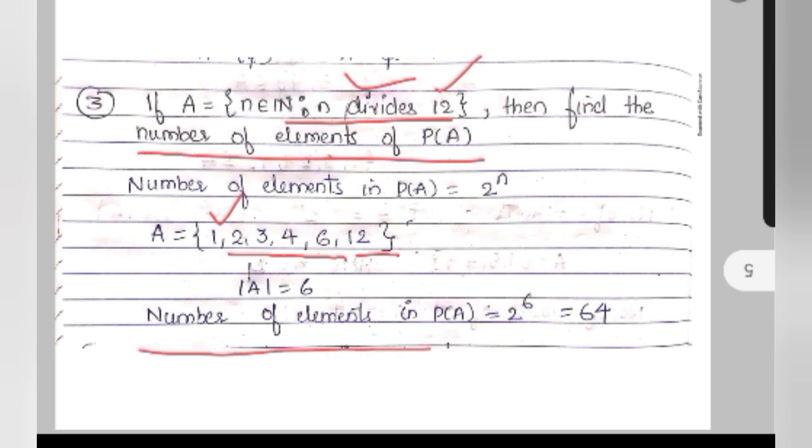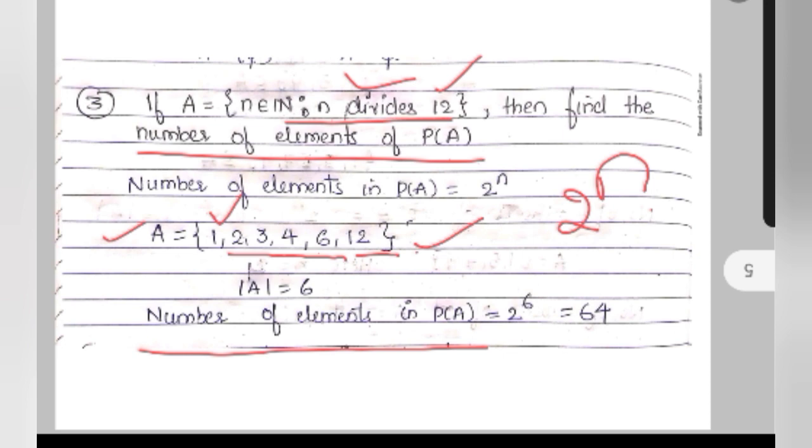The number of elements in the power set of A is given by the formula 2 raised to power n, where n is the number of elements in the set A. P of A is called the power set of A. In the power set, the number of elements will be 2 raised to power n. So what is the n value?